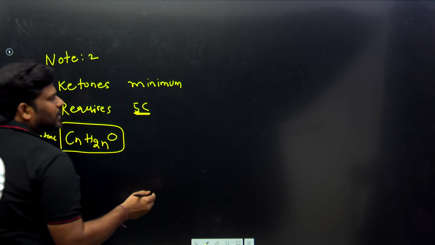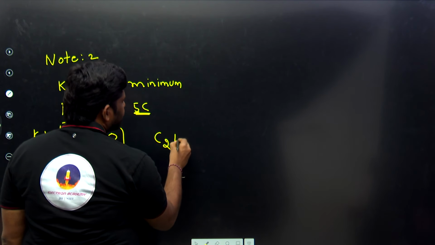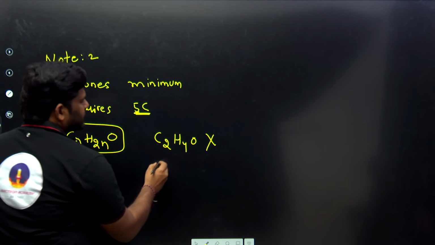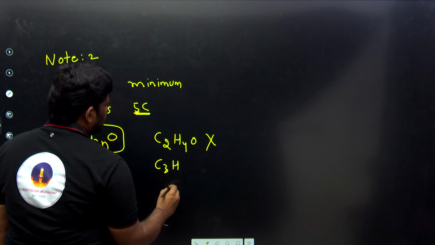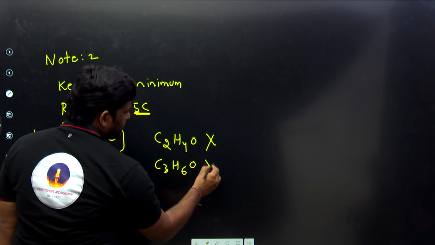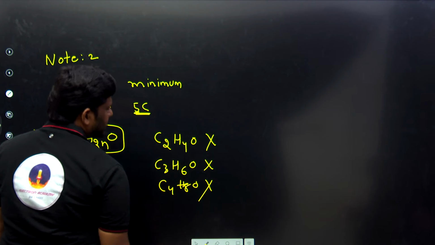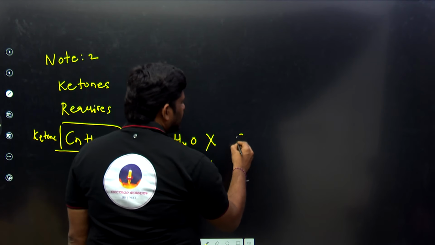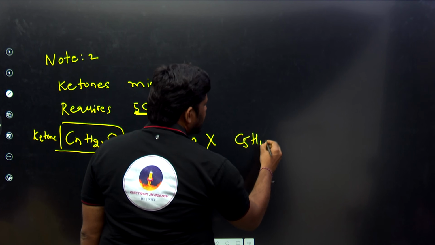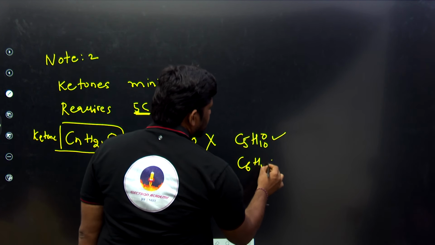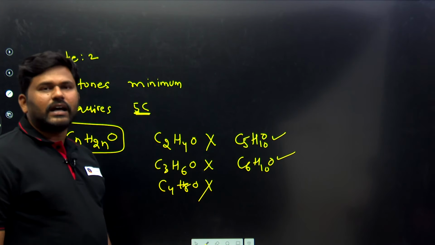For example, C2H4O cannot exhibit metamerism. C3, 3 twos are 6, does not exhibit. C4H8O does not exhibit. Minimum 5 carbons required. C5H10O will exhibit metamerism. C6H12O also will exhibit metamerism.